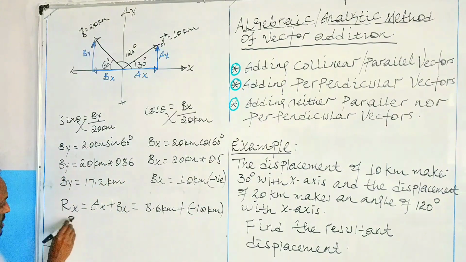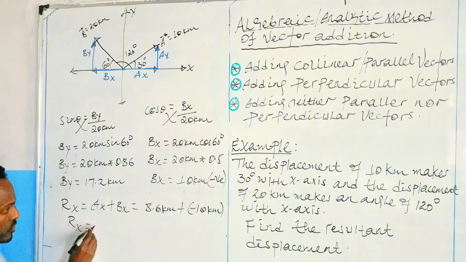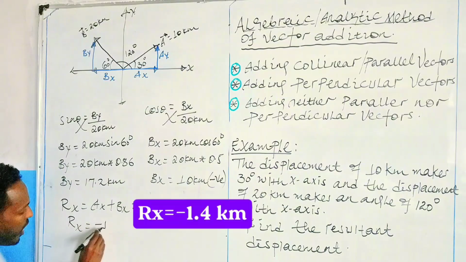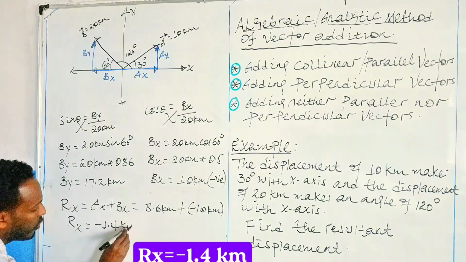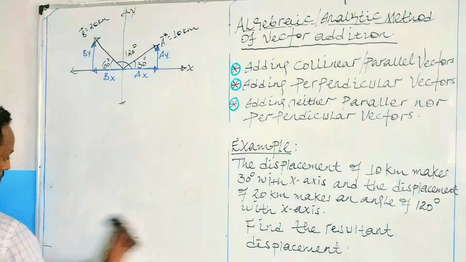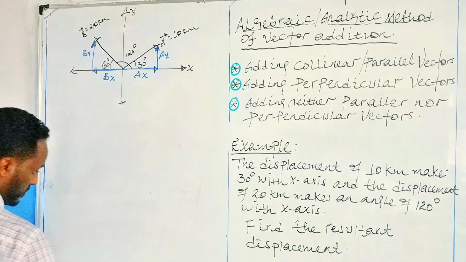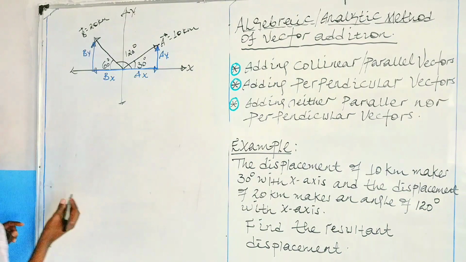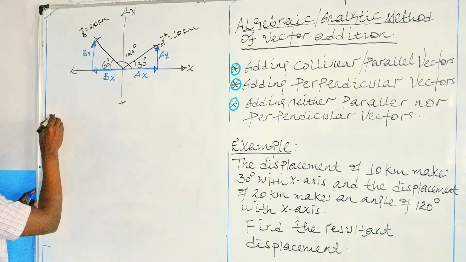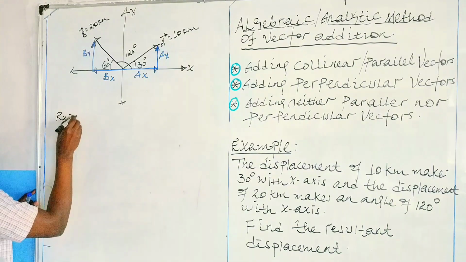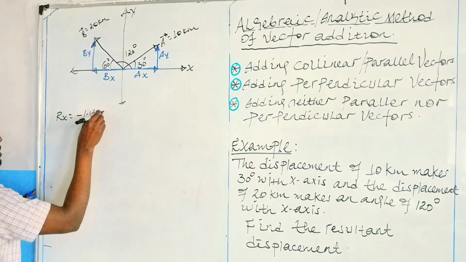Then the resultant along x is equal to minus 1.4 kilometer. Okay, so we don't forget, resultant along x is equal to minus 1.4 kilometer.